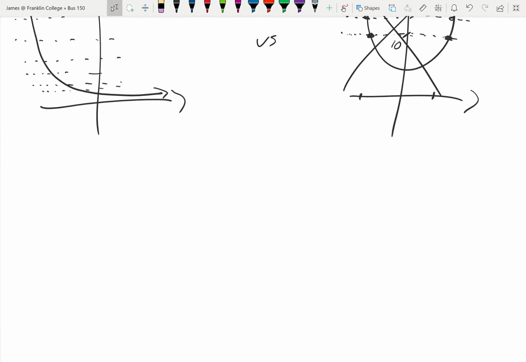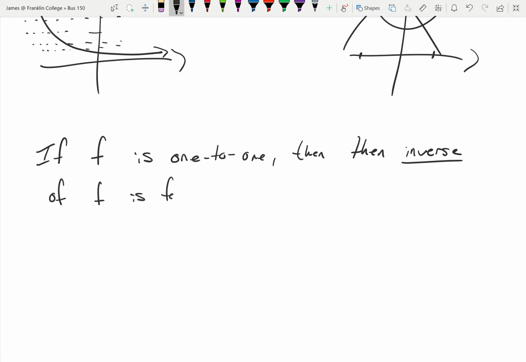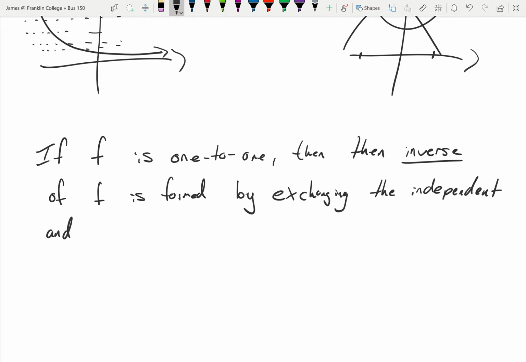So how can we use that? We can say that if f is 1 to 1, then the inverse of f, which is what we're going to be interested in, is formed by exchanging the independent and dependent variables for f.